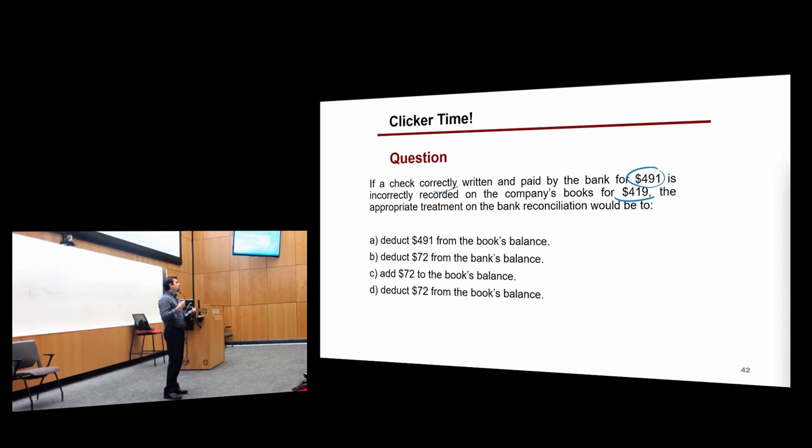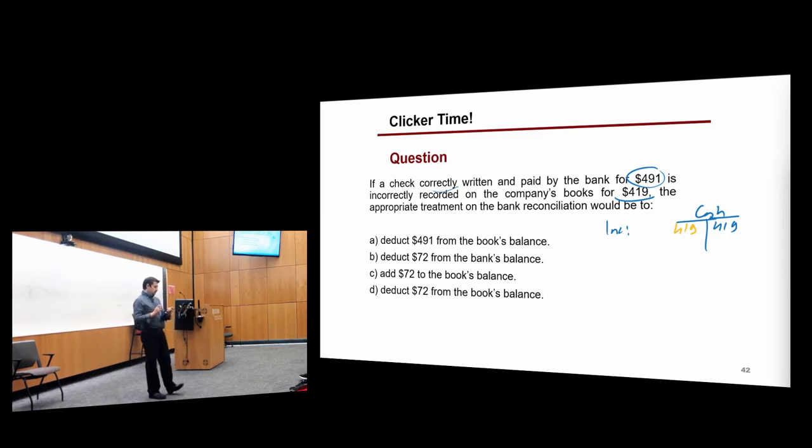So what was the journal entry? The incorrect one was credit to cash 419. The way to correct it, just always do it in the same way. That's my advice to you guys so that you avoid any mistakes. Reverse this one. How do you reverse this one? Debit 419. Now your balance is what? 0.